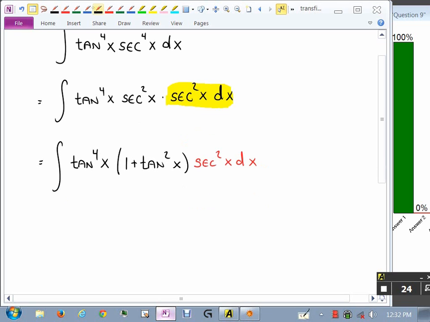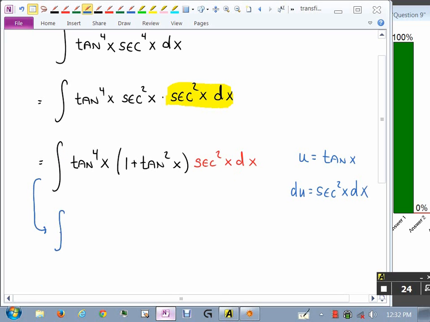And now let's make our substitution. U should be tan x, and du then would be secant squared x dx, which is exactly sitting here, right? Isn't that great? And I should be able to rewrite the whole thing.